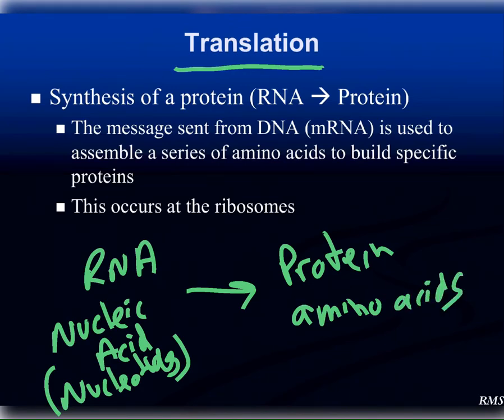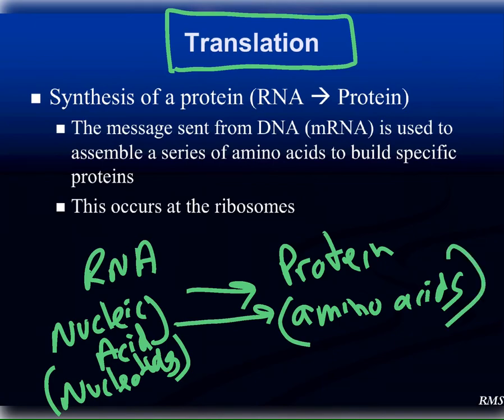Well, think about that term translation. When you translate something, don't you change the language, going from German to French or English to Spanish? Well, if you go from a nucleic acid to an amino acid, then you're changing the language. That's why it's called translation. So transcription, DNA to RNA, occurs in the nucleus. Translation, RNA to a protein, occurs at the ribosomes.